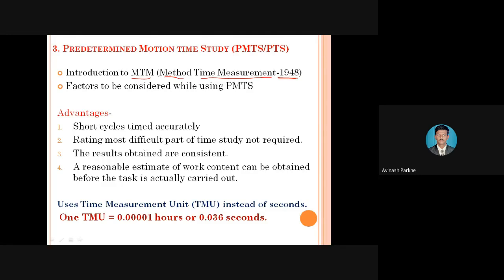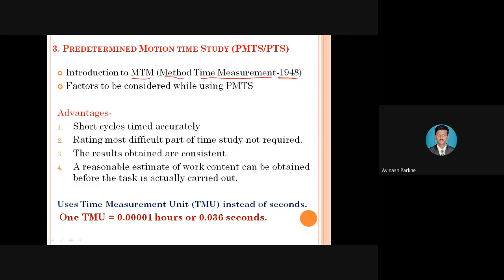And afterwards, MTM1, MTM2, MTM3, MTM4, like that modifications took place. The first MTM concept was developed in 1948, and afterwards, as per the requirement of the industry, modifications took place, and it is represented as MTM1. Again, if some modifications take place, it becomes MTM2.